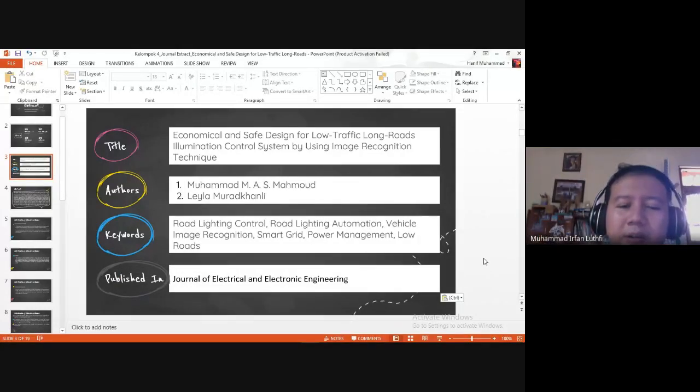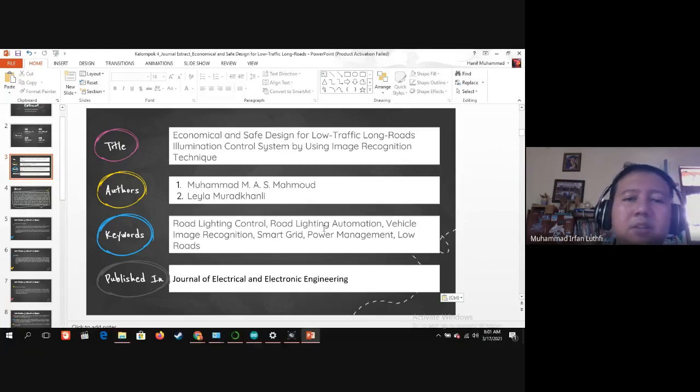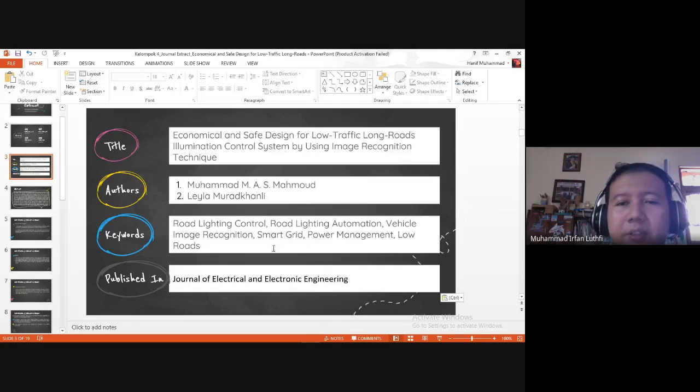Okay, so back to your article again. This is a quite good, economical and safe design for a low-traffic long-road illumination control system using image recognition technique.